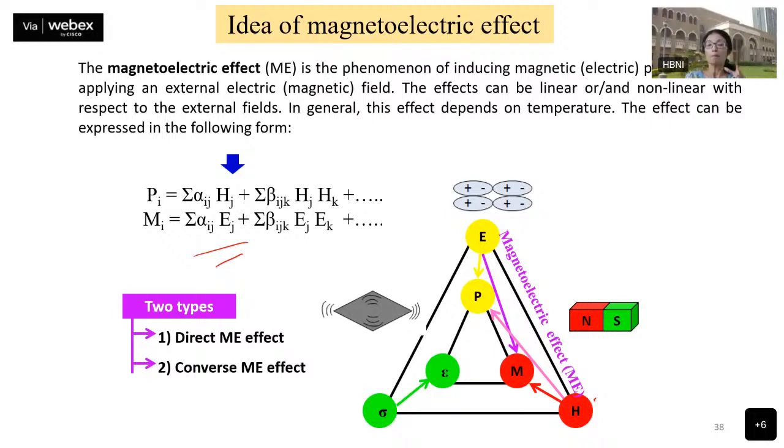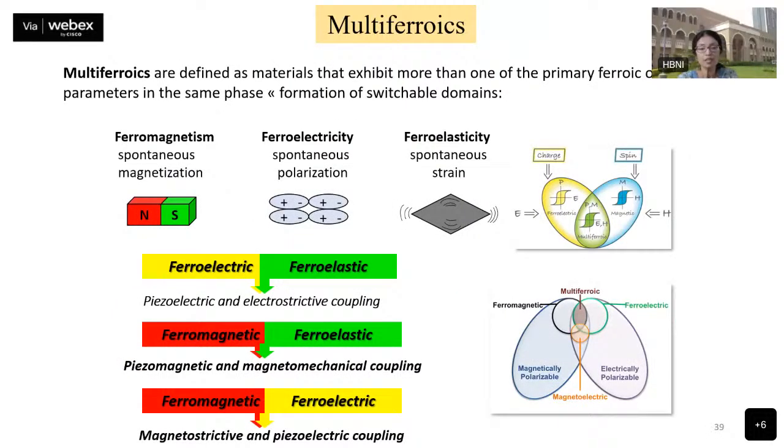So now, on the basis of this, we have a very radical kind of material, known as multiferroids. Multiferroic materials are a very hot field of research. These are defined as materials that exhibit more than one of the primary ferroic order parameters in the same phase and lead to the formation of switchable domains.